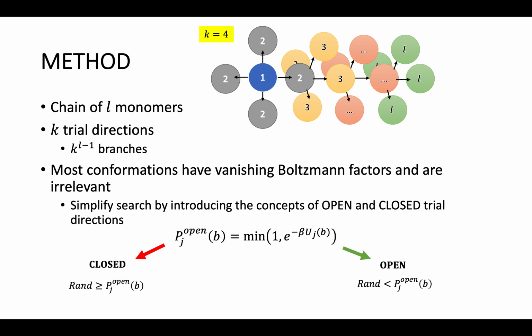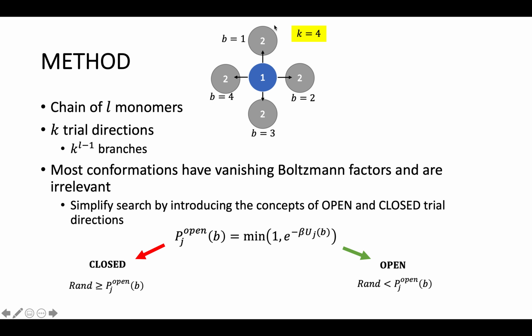I would say that a trial direction for a given monomer j is closed, for direction b, so let's say here b could be any of the k equals 4 trial directions, if we compute a random number and it is greater than or equal to this probability p_j^b, which is the probability of the trial position in the b direction to be open, we would say that the trial direction is closed.